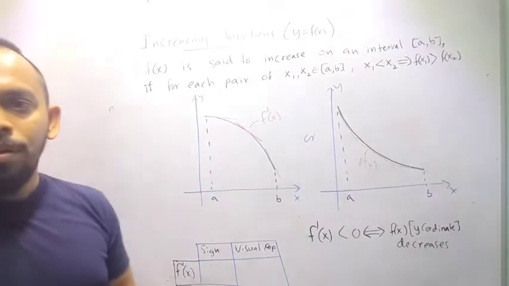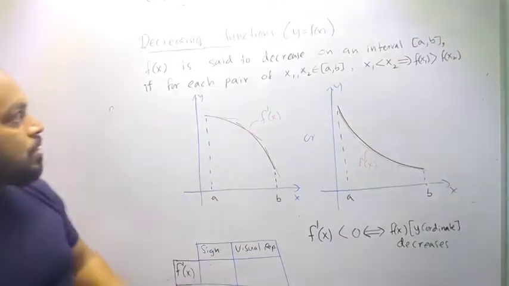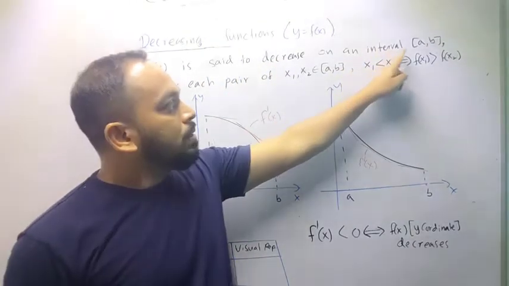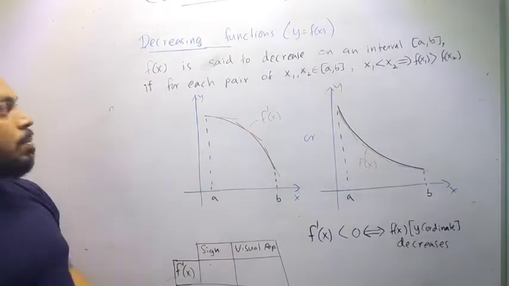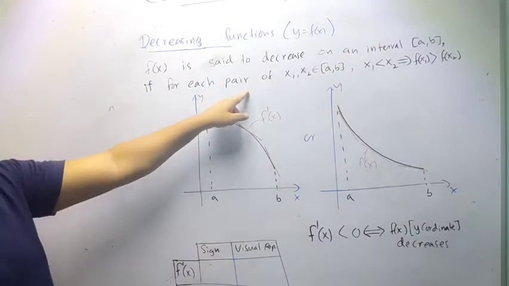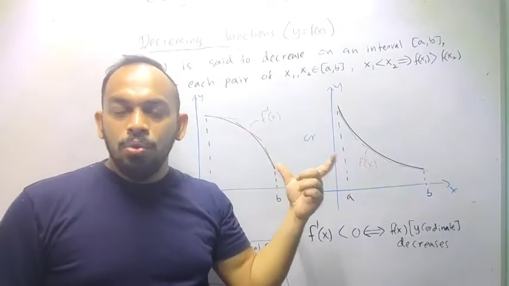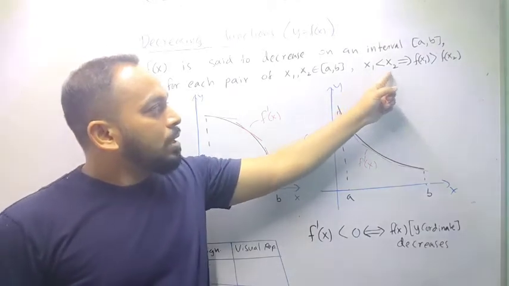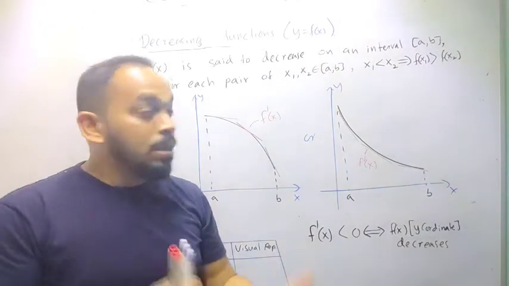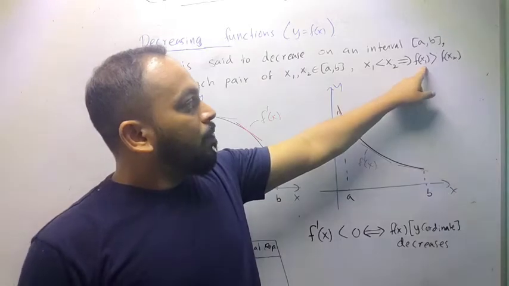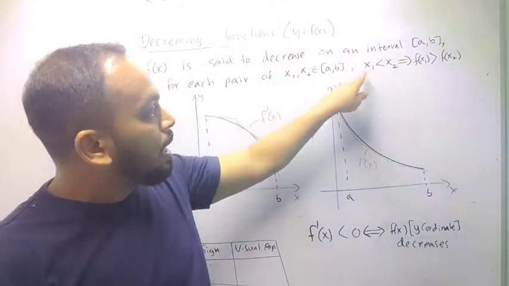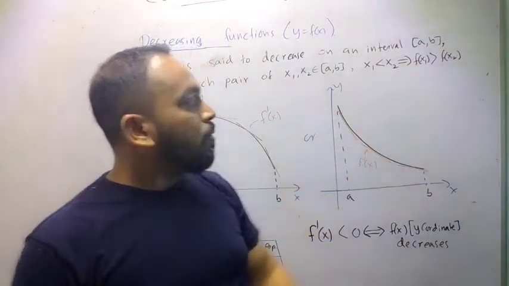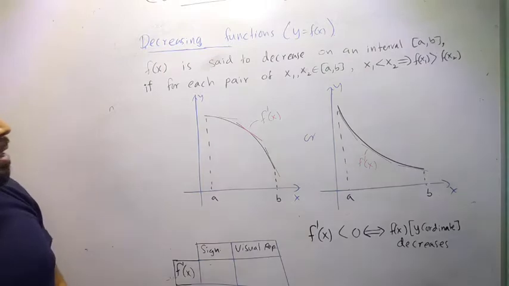Right. So decreasing functions: f of x is said to decrease on an interval ab containing both a and b if, for each pair x1, x2, if you select two x coordinates such that x1 is less than x2 on the interval, f of x1, the function at this point, is greater than the function at this point, then we call them decreasing functions.